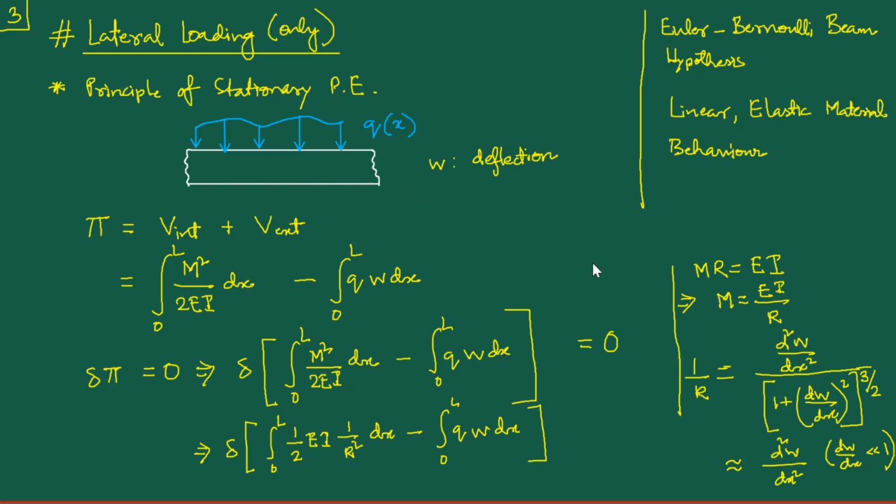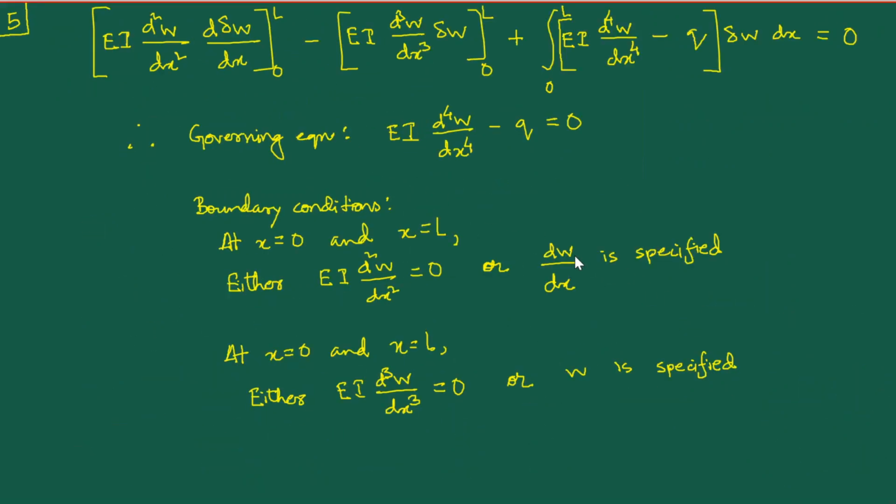So just take a look at what we have managed to obtain here. Suppose indeed that at x equal to 0, we have the end as clamped. If it is clamped, then the deflection of that is prevented. If the deflection is prevented, what is basically going on is that w is specified there, and this is the part which is going to be applied.